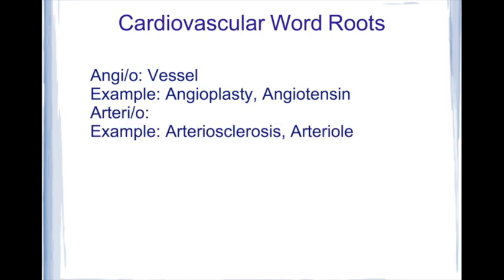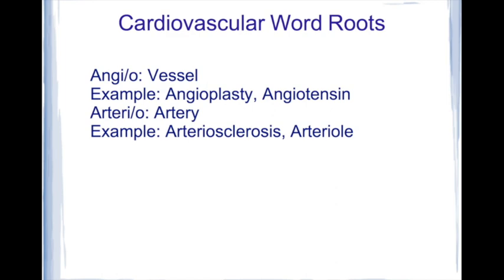Okay, moving on, arterio. A couple examples: arteriosclerosis, arteriole. Now some of these names are pretty simple, I would say. All you have to do is look at it, think about it for a second. Arterio, that has to be artery, right?